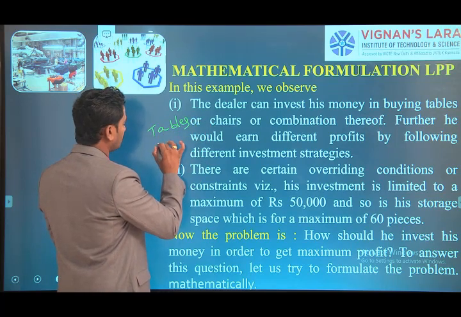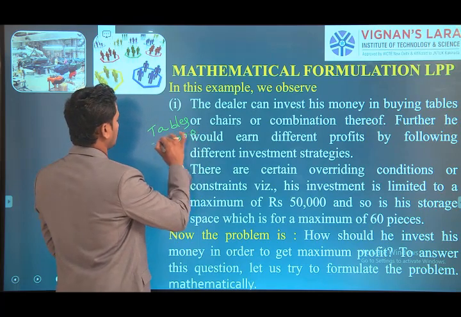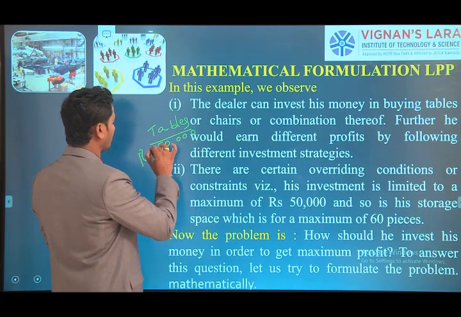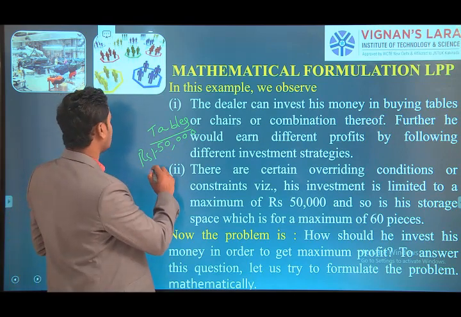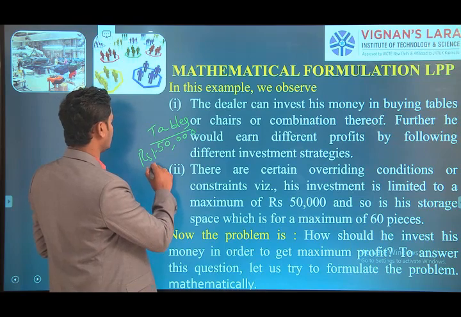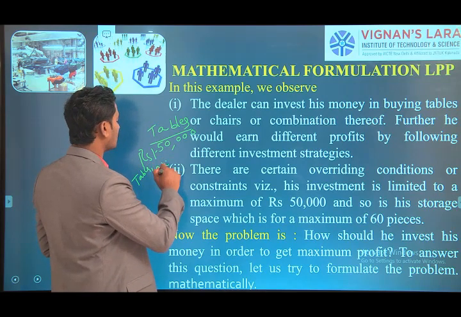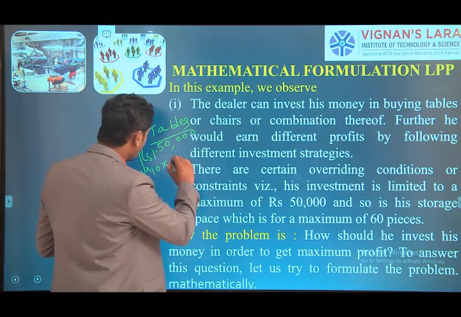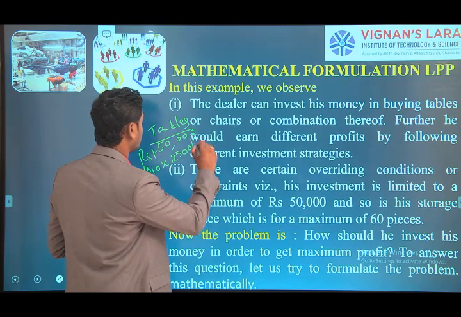Suppose he just wants to buy tables. He has 50,000 rupees. If, for example, he purchased 10 tables, what is the cost of a table? 2,500 rupees.